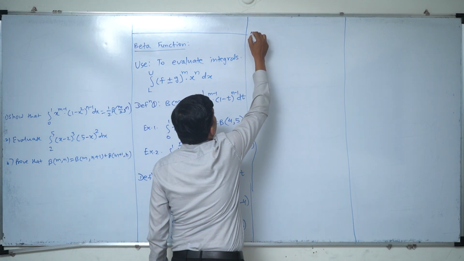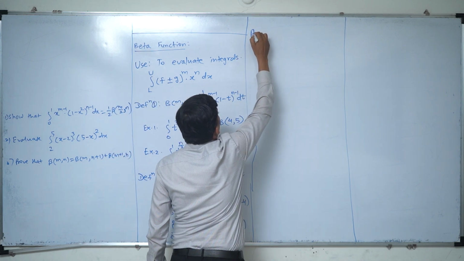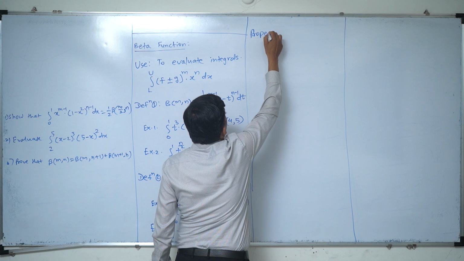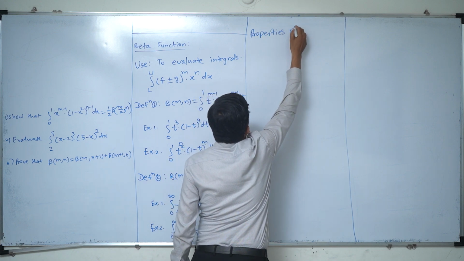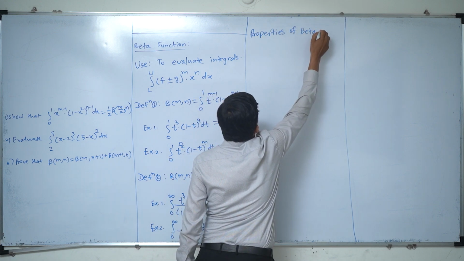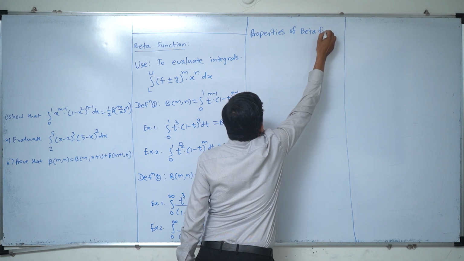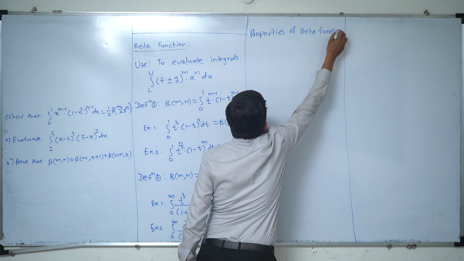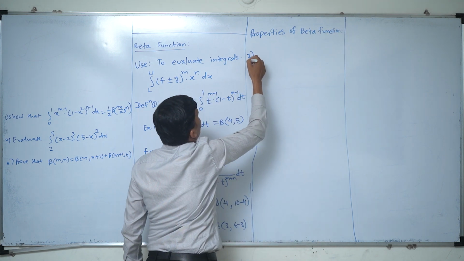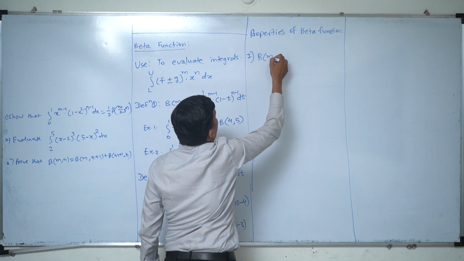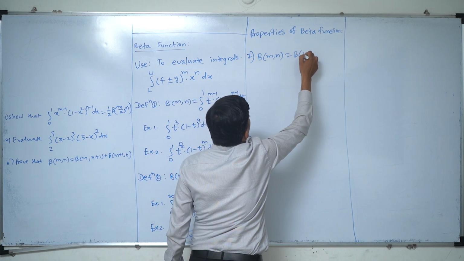Then properties of beta function. So first property, you can write beta mn as beta nm.